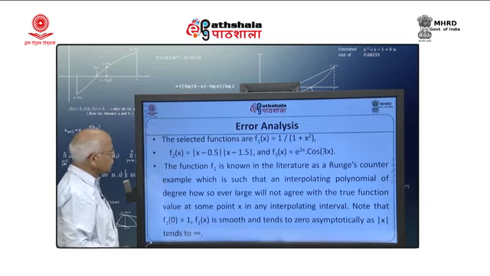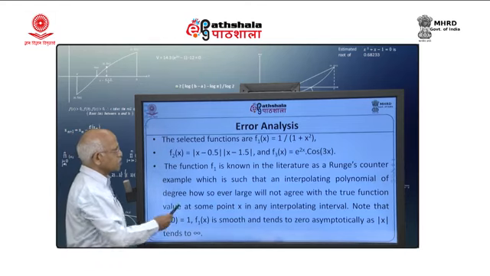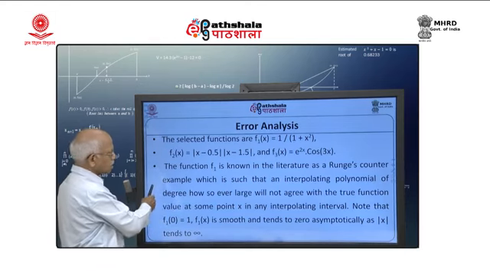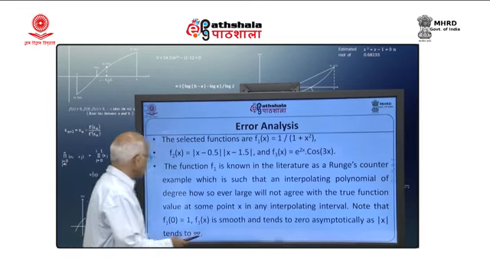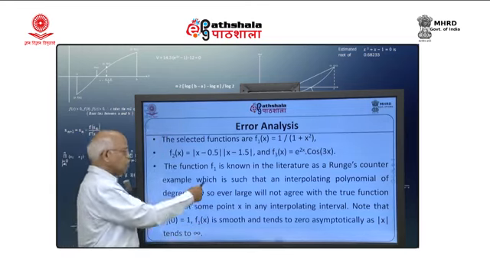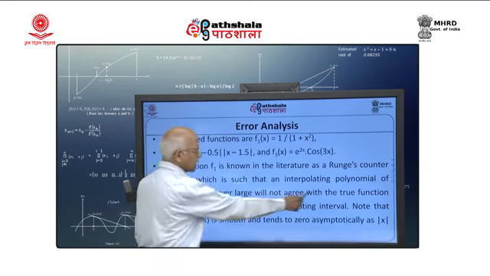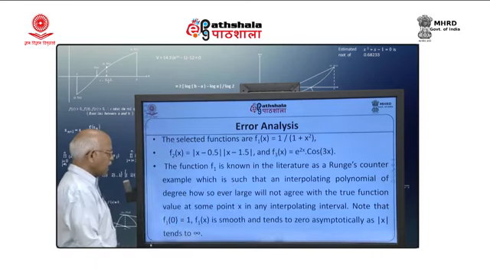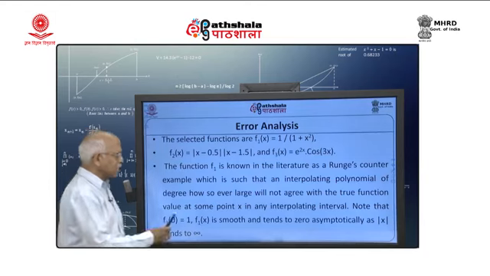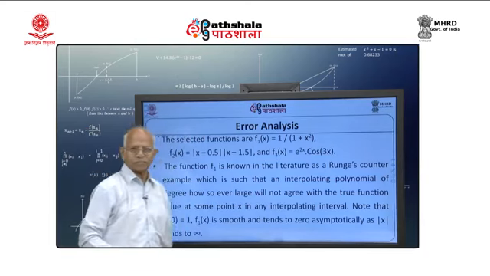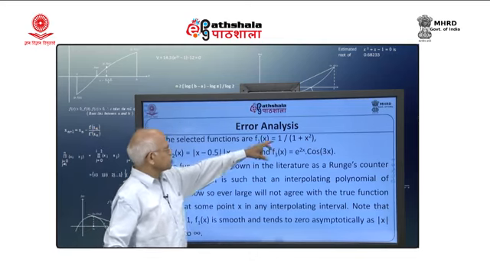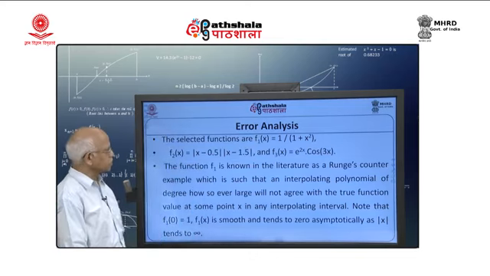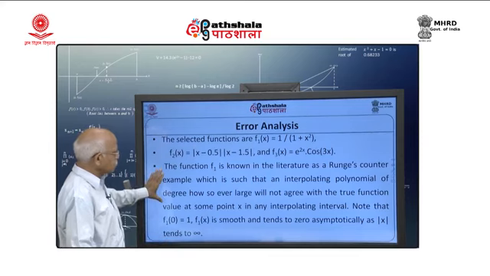The function f1 is known in the literature as Runge's counter example, which is such that an interpolating polynomial of degree howsoever large will not agree with the true function value at some points x in any interpolating interval. So, this is a specific example we are considering here, and you can find it in the literature.